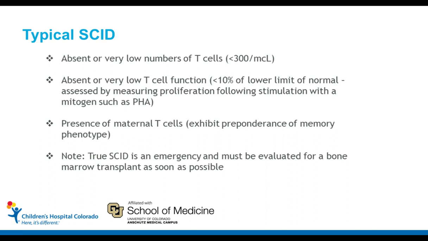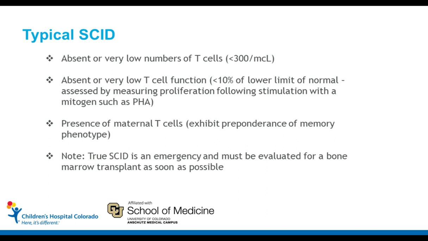It's important to note that true SCID is an emergency because these babies that lack T cells are very, very highly susceptible to viral infections, fungal infections, and because they may be exposed in their natural environment within the family home, it has to be treated as an emergency and the baby put in a situation where they're shielded from infection and evaluated for a bone marrow transplant as soon as possible.